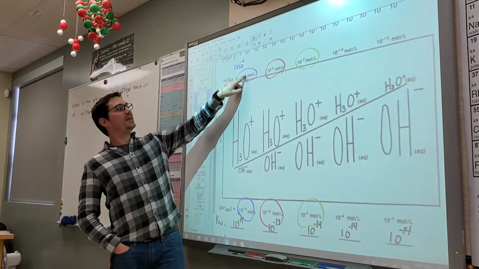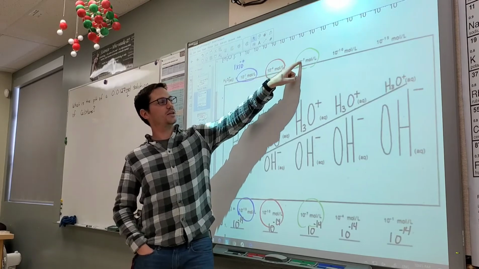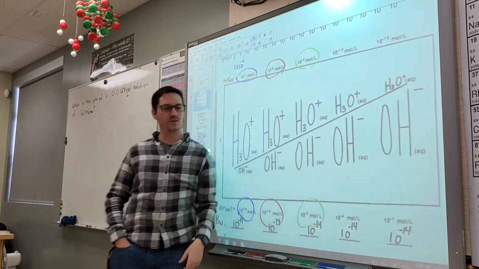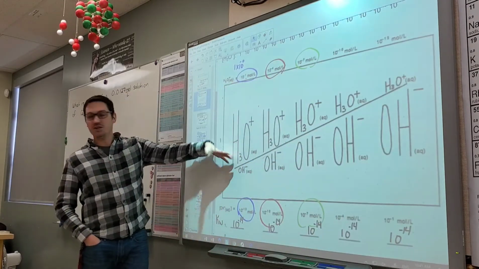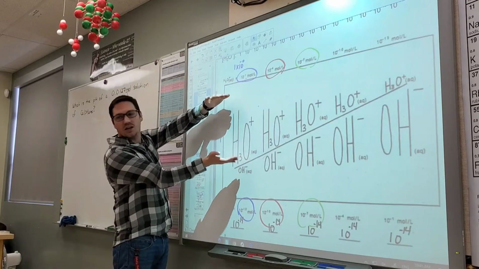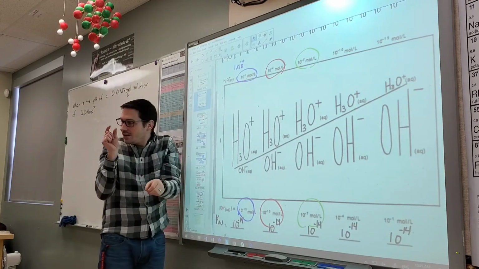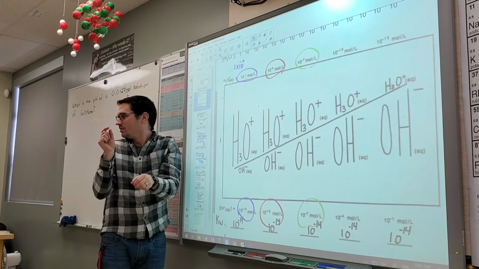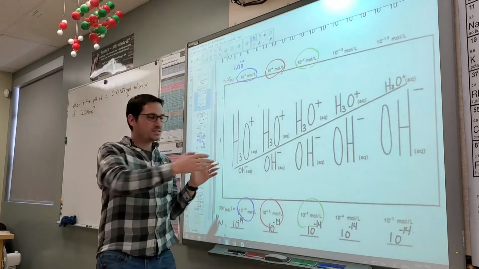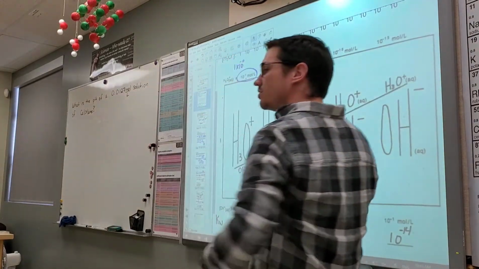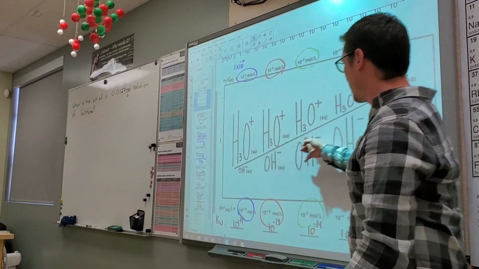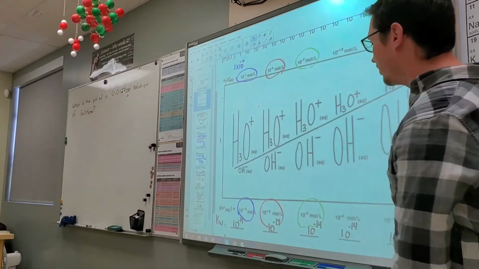So the pH is increasing because the concentration is decreasing. At really low pHs, we've got tons and tons of hydronium and a little itty bitty amount of hydroxide, right? And as the pH increases, slowly we gain more hydroxide and we lose hydronium, okay?